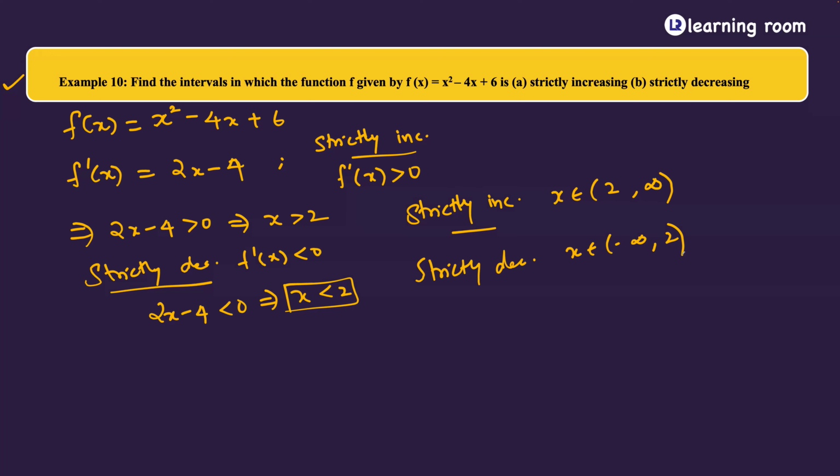So what happens exactly at 2? At 2, f dash of x will be equal to 0. Okay. So these are the intervals which they have asked. Okay. So make a note of this.